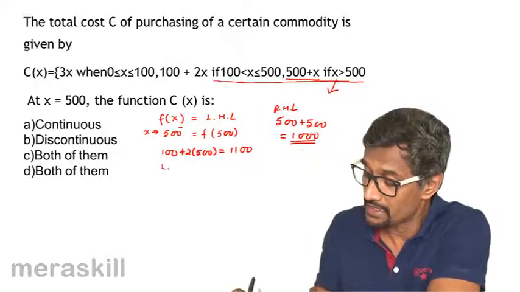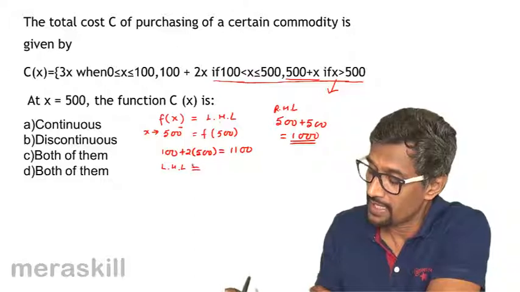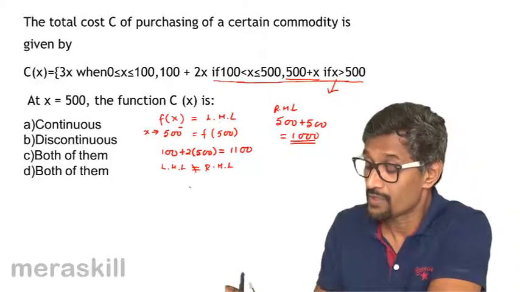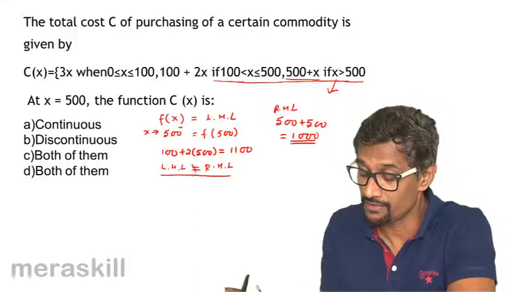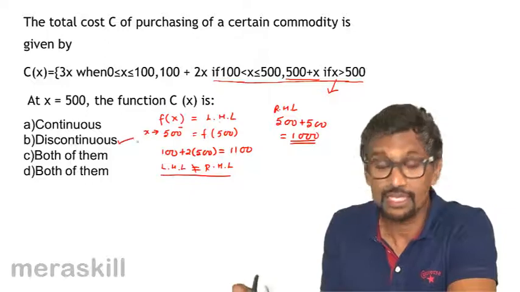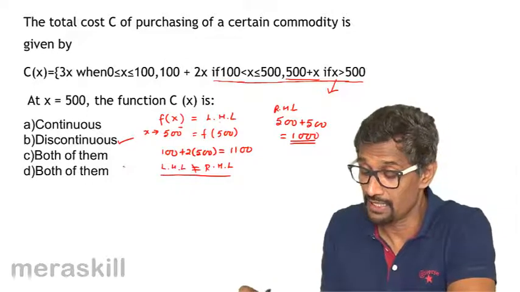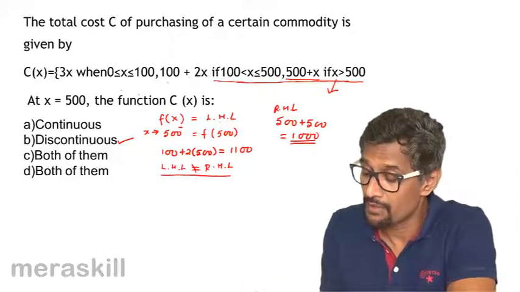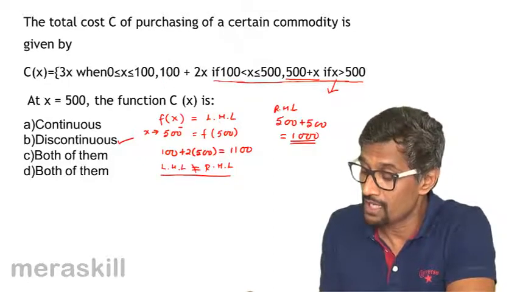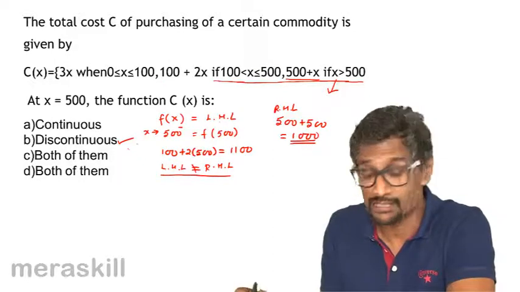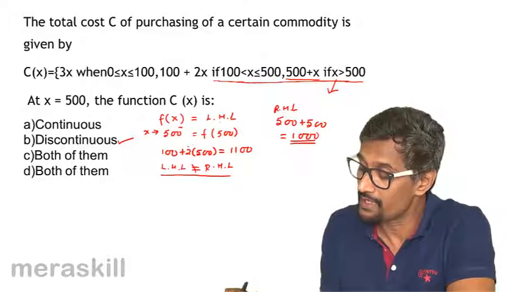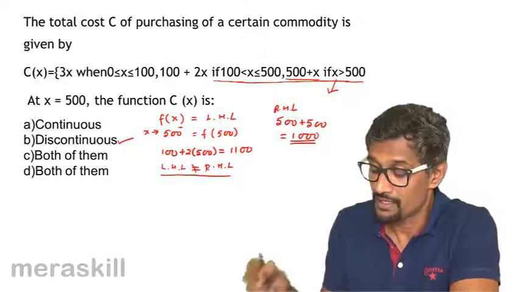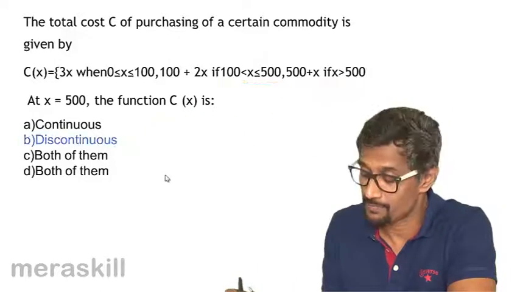So we see that the left hand limit and right hand limit are not equal. So if they're not equal, obviously at x is equal to 500, the function is definitely discontinuous. So at a practical level, there is some lack of definition regarding this particular value. That's the reason why you're getting a discontinuity. So at x is equal to 500, it is definitely discontinuous. All right.